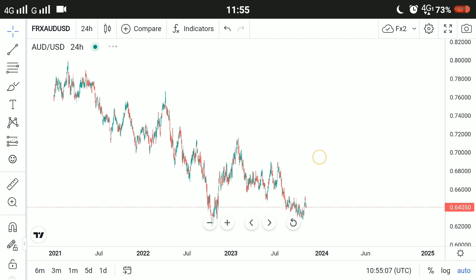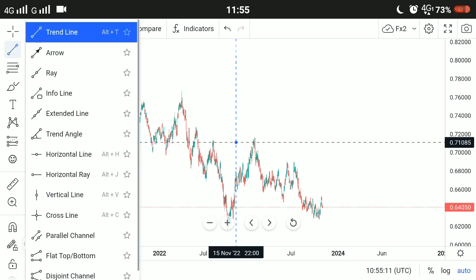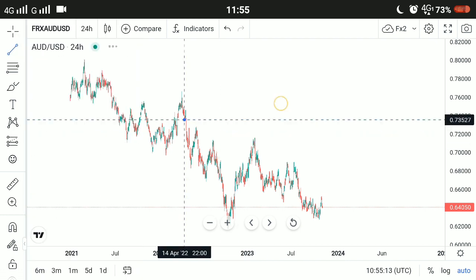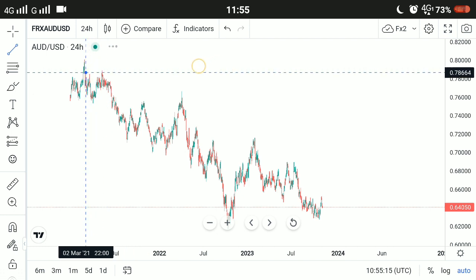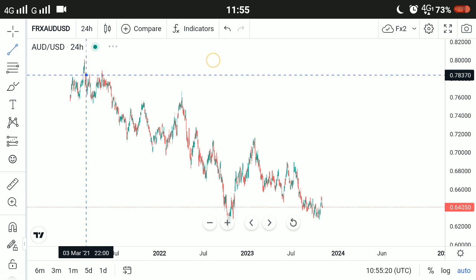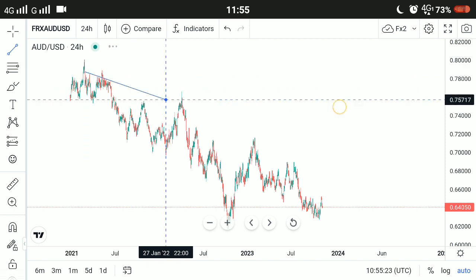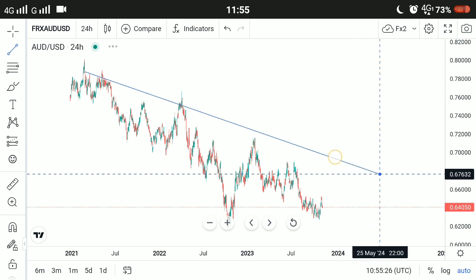Okay guys, let me use this trend line to illustrate.